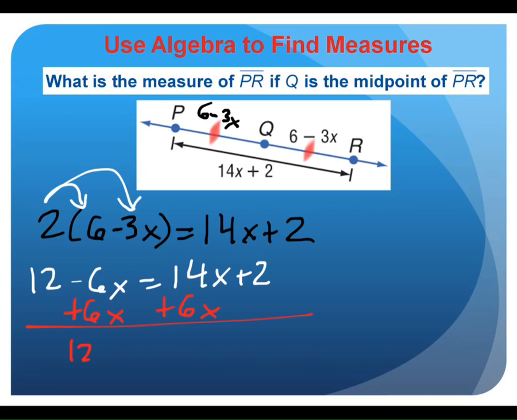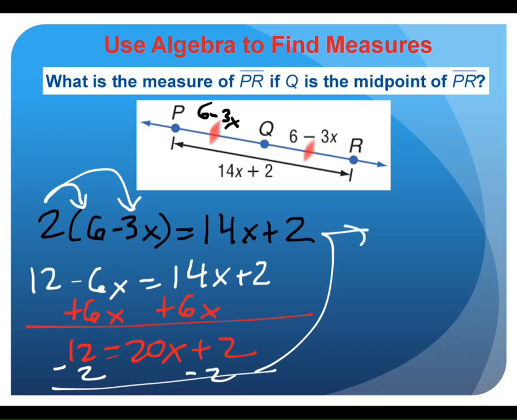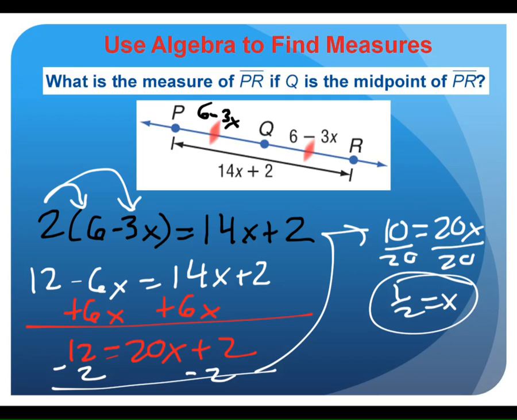So I'm left with 12 here, I'm left with 20x here, I'm left with 2 here. Again, I'm trying to solve for x, so I need to move that positive 2 over the other side so I can get x by itself. That leaves me with 10 is equal to 20x. Undo that multiplication by 20. So x is equal to, that simplifies to 1/2, right? 10 over 20 is 1/2.